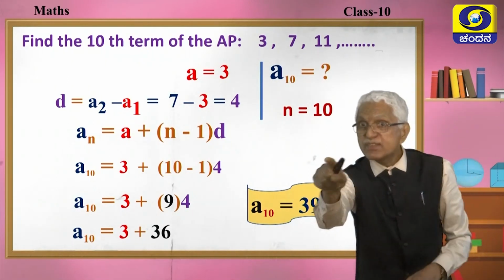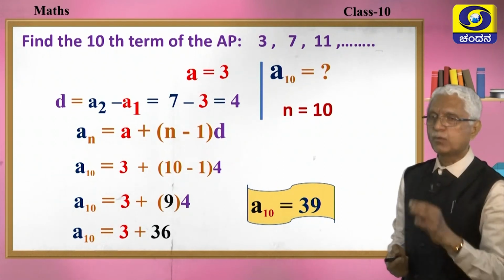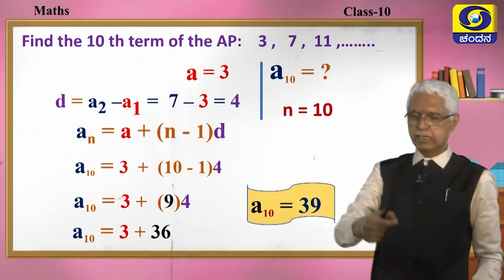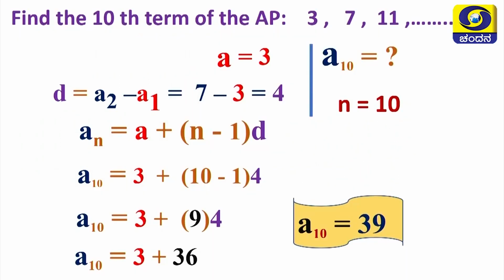The common difference is 4. Correct? Now, you want the 10th term. What is the formula we use? an is equal to a plus (n minus 1) into d. Correct? But you want the 10th term, no? So, a10 is equal to 3 plus (10 minus 1) is 9, 9 into 4 is 36, 36 plus 3 is 39, therefore, the 10th term is 39.